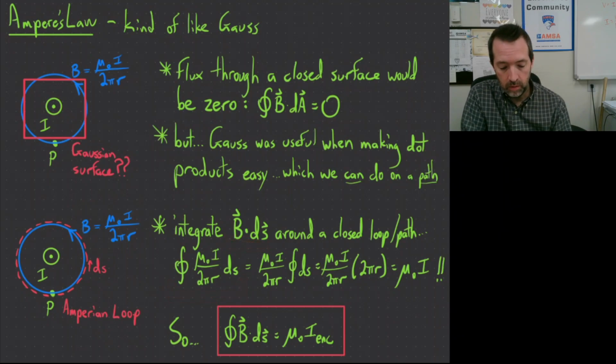I plugged in the formula for B for a single infinitely long current. All of the variables in the integrand there are independent of s. They don't depend on s, so in the next step I took them all out of the integral. Then I'm just integrating ds around this closed path. The answer to that is going to be the circumference, 2 pi r.